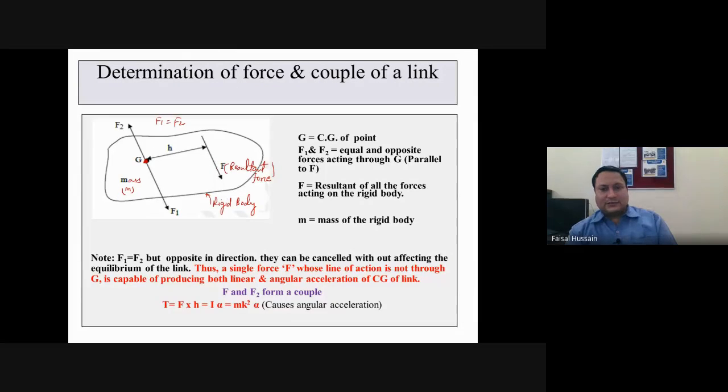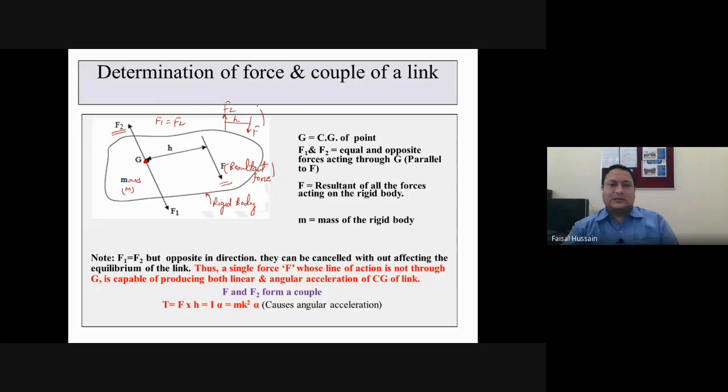Now, let us assume that this resultant force F and the force F2 form a couple, like this. This is F and this is my force F2, and between them the distance is h.